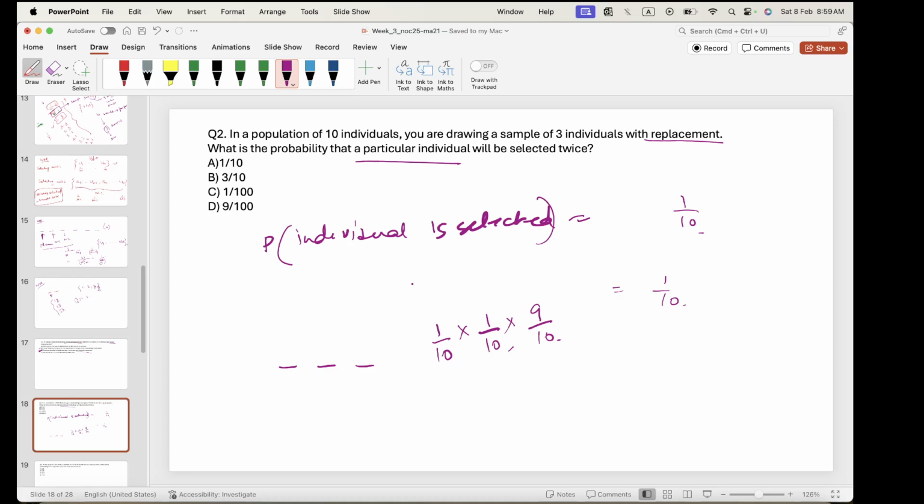There seems to be an issue with this question. Right now I'm also confused. So I think it will be 9 by 1000, but this should be 1000, I think.